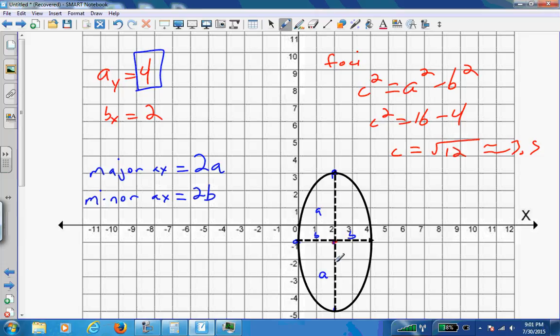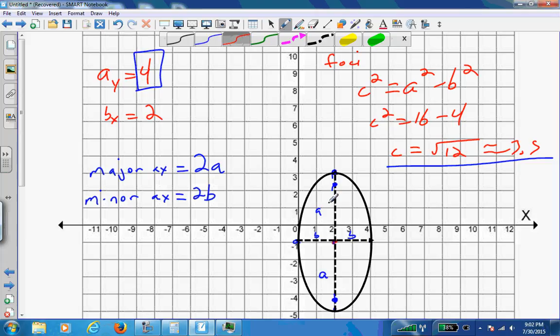Now the foci lie on the major axis, and they're C units from the center. So we go up square root of 12 and down square root of 12, almost 3.5 units each way. And those are the foci.